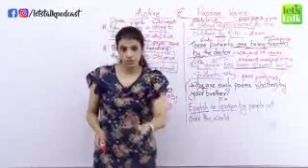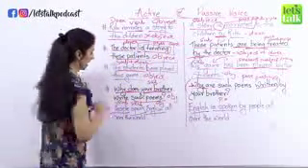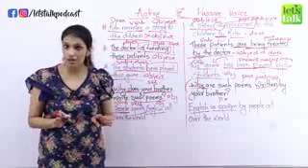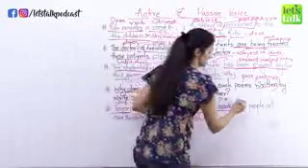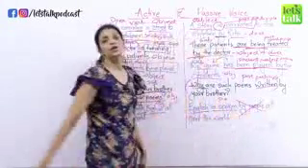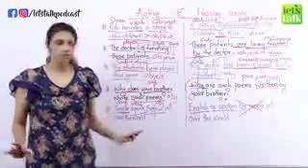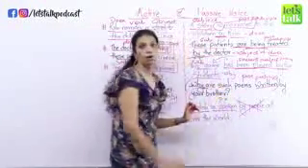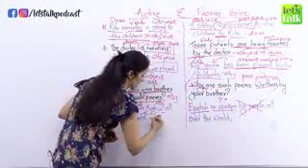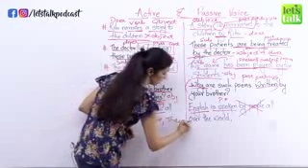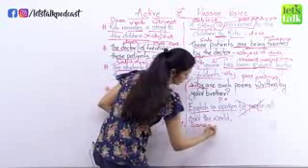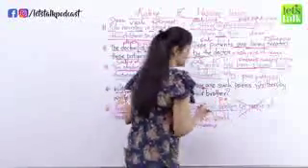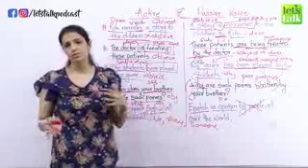So the rule is when you have an indefinite pronoun or a noun in the passive voice, you will not use it. So the correct sentence is English is spoken all over the world. So you can have things like we, they, someone, people, so your various indefinite nouns and pronouns.